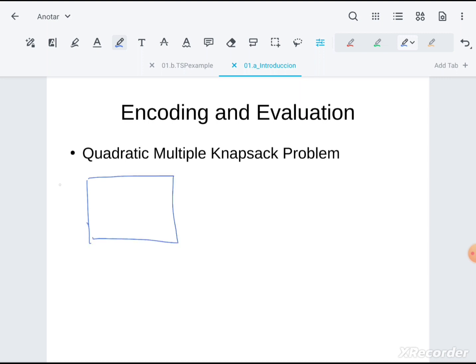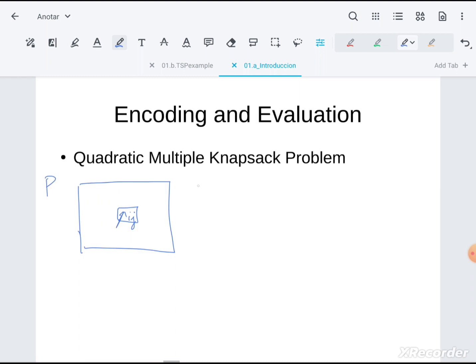So here you got a profit matrix, and this is Pij, which is the profit that you obtain if you put the objects i and j into the same knapsack, because you got several knapsacks. So your solutions will look like something like this.